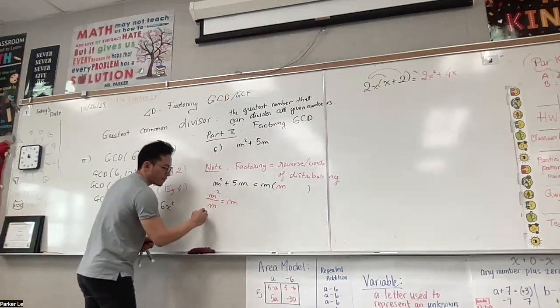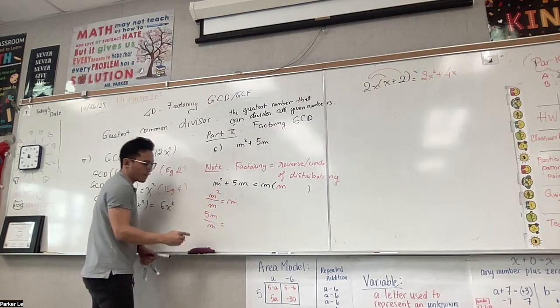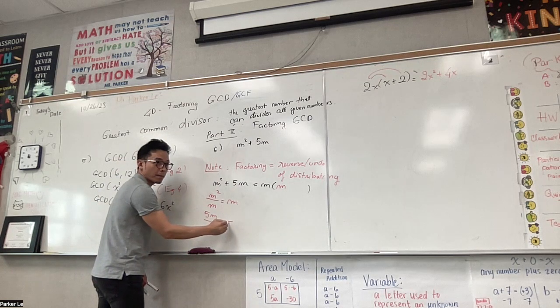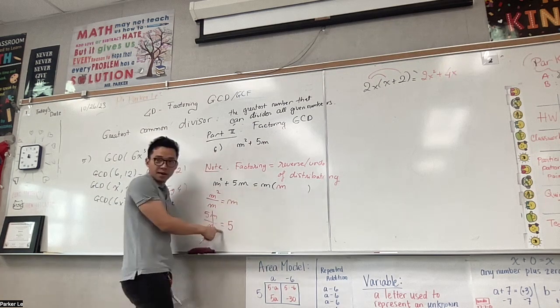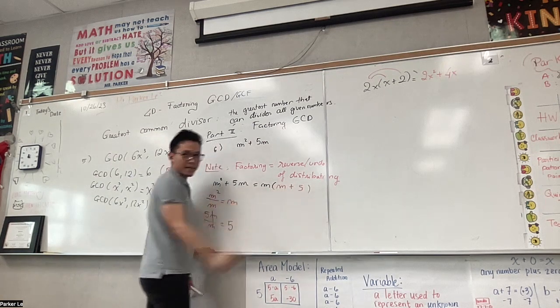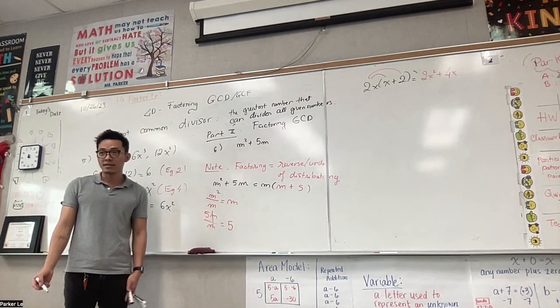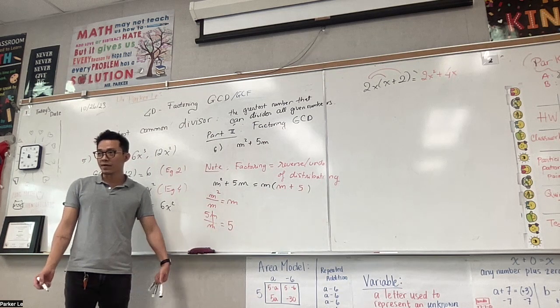So originally I have 5m. I took out the m. What do I have left? What is 5m divided by m? Okay. 5, right? M gone. You have only 5. Positive 5. That's it. I get m plus 5. Is it good? Is it okay? Easy, right?